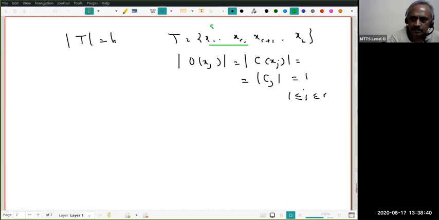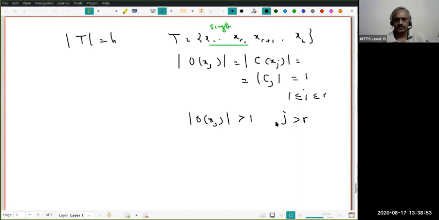These are all singleton orbits. And these have more than one element. And so the modulus of the orbit of xj is greater than 1 if j is greater than r. Is that clear? So we relabel T in such a way that this happens.